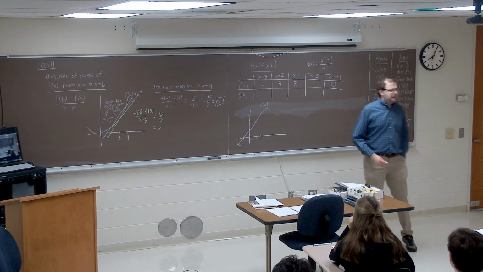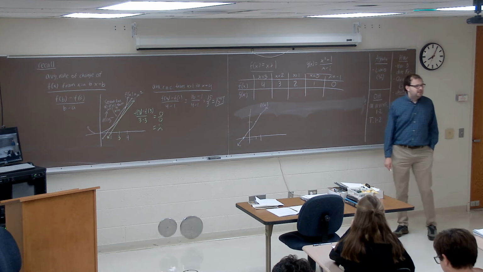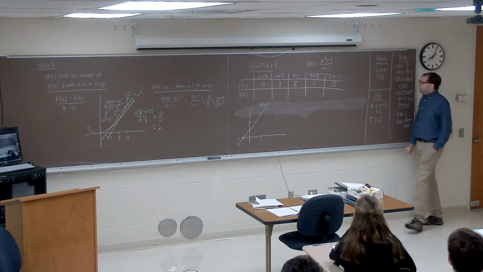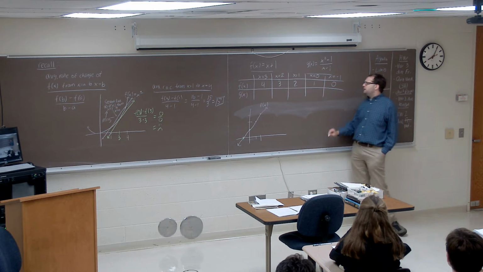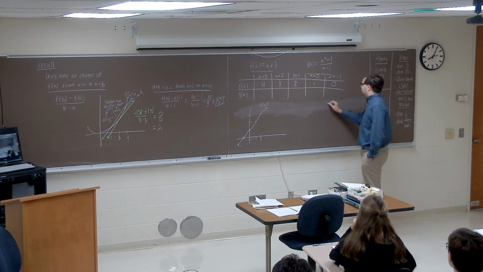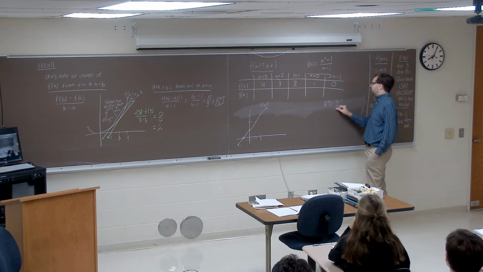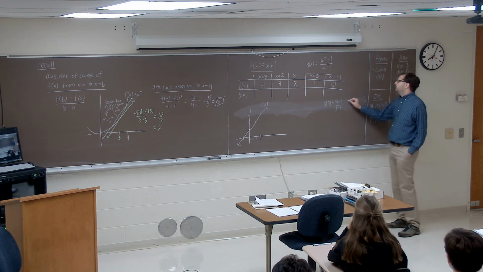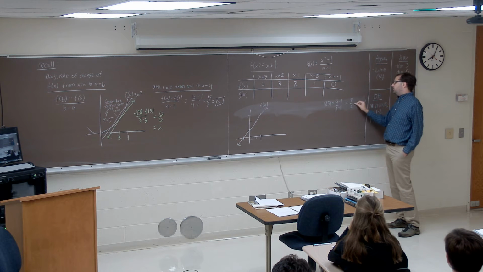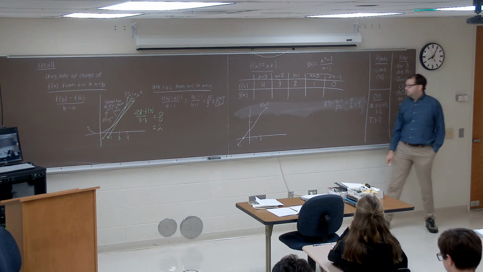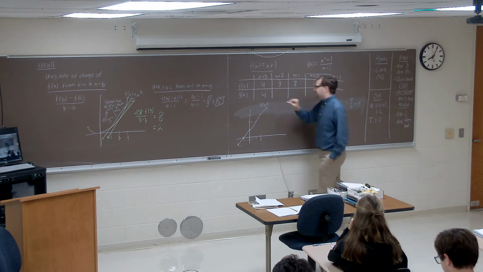So now I want to look at g of x, which is a little bit spicier of a function. Let's see. We plug in g of 3. We're going to get 9 minus 1 over 3 minus 1, which I'm getting 8 over 2 is 4 for my output. Okay, that's neat.